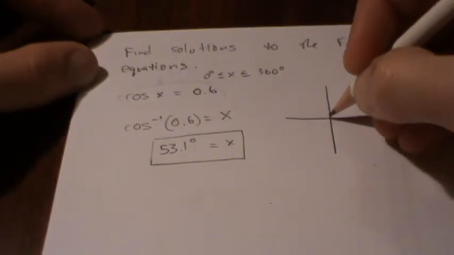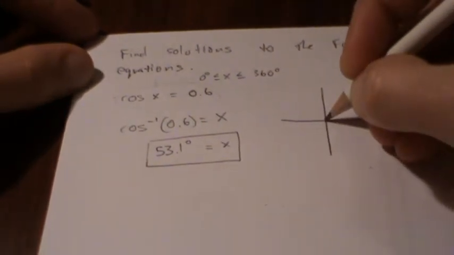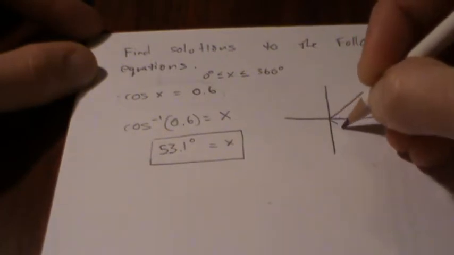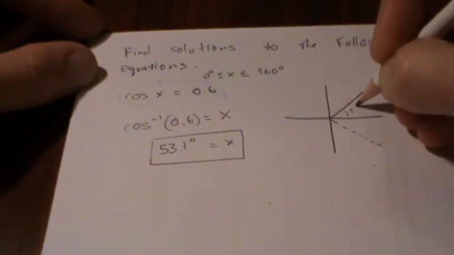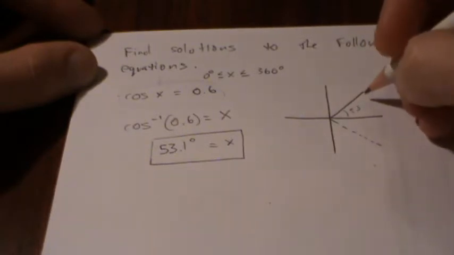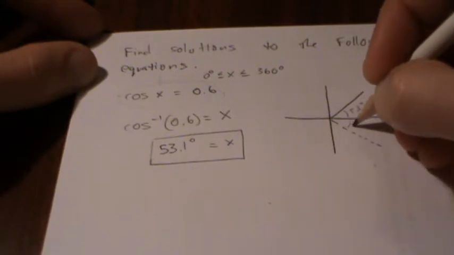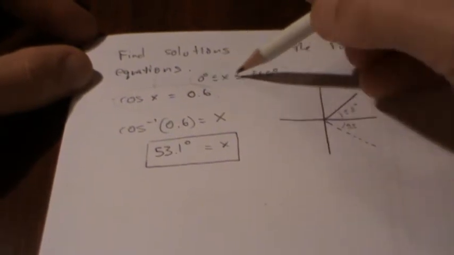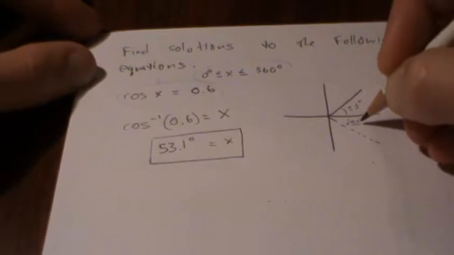Since we're talking about the cosine function, the second solution that we need is symmetrical around the x-axis. So if this is 53 degrees, this will also be 53 degrees, but remember that I want my solution to be between 0 and 360, so I can't have a negative angle as an answer.